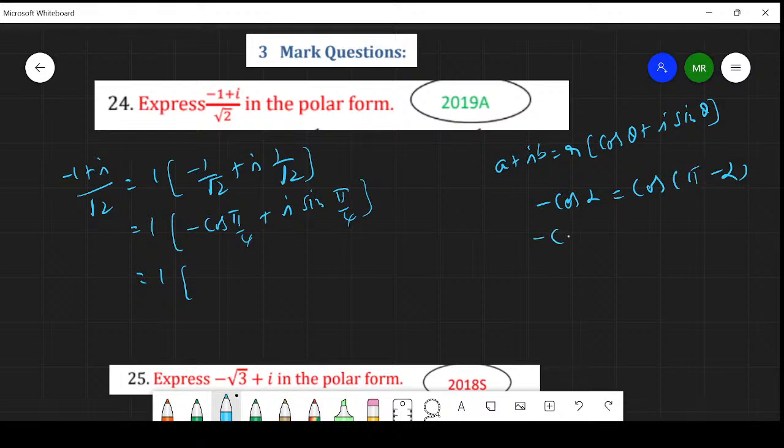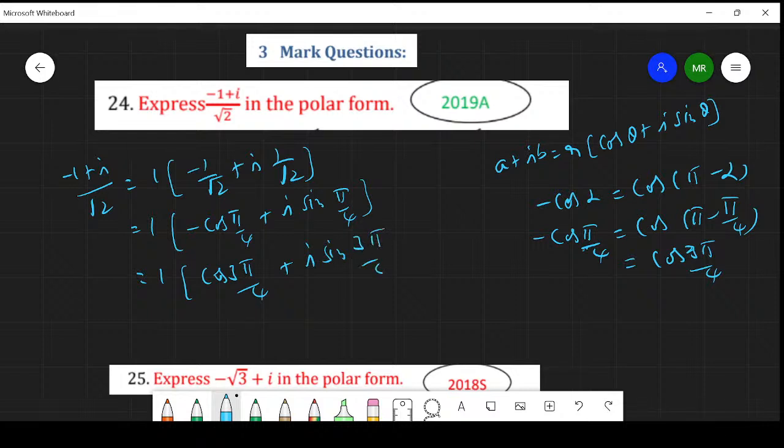So minus cos pi by 4 will be cos of pi minus pi by 4, which is cos 3 pi by 4. Plus the same value you can write as sin 3 pi by 4. Why? Because sin is positive in the second quadrant, cos is negative. So this is polar form.